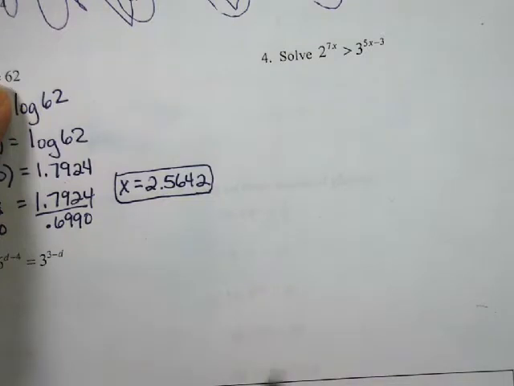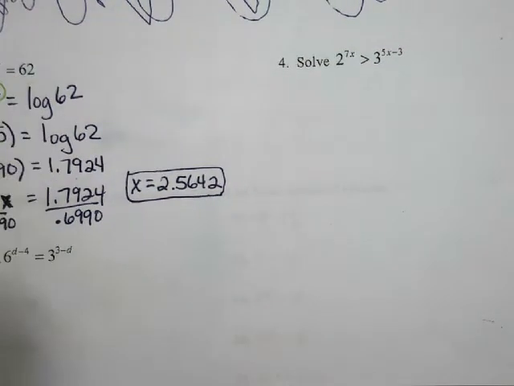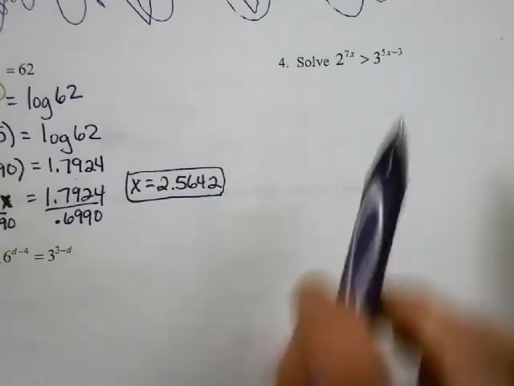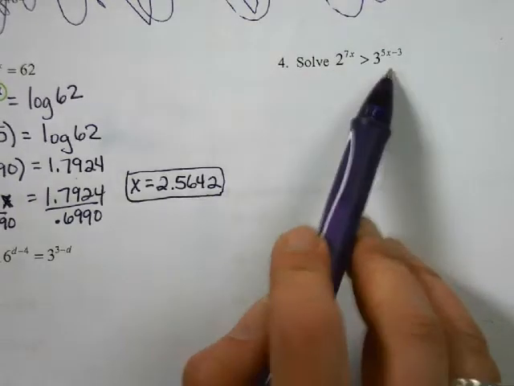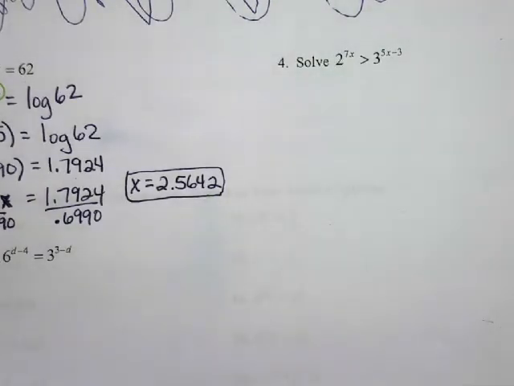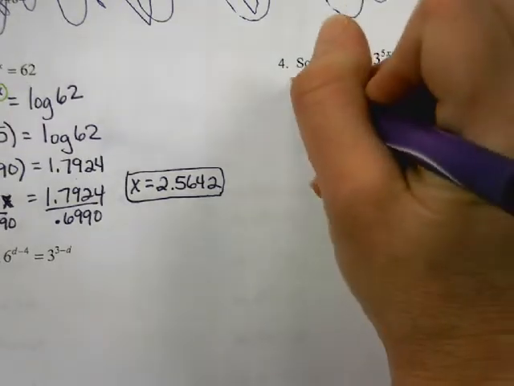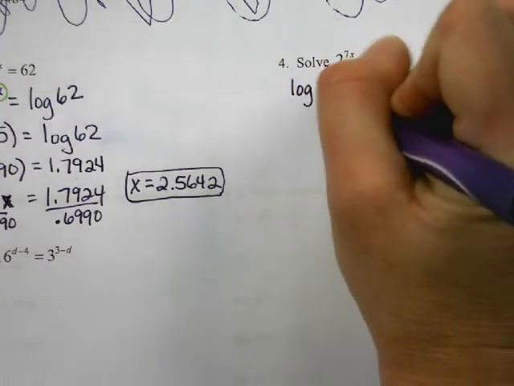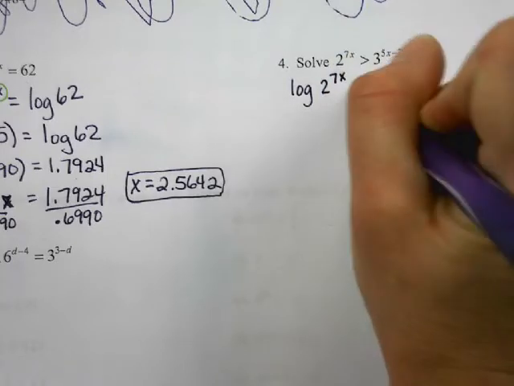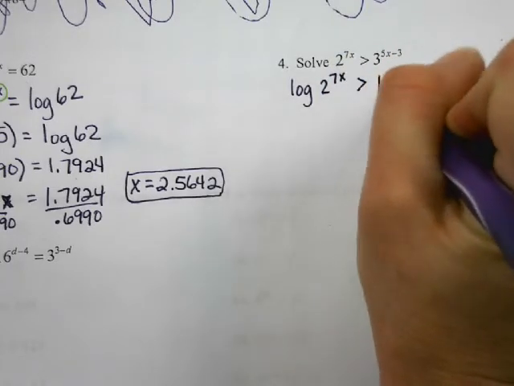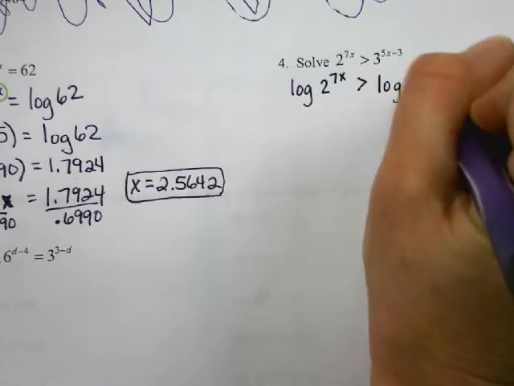Okay, let's try 4. Are the bases the same? No, so I can't get rid of them. So I have to take the log of both sides. So log of 2 to the 7x is greater than log of 3 to the 5x minus 3.